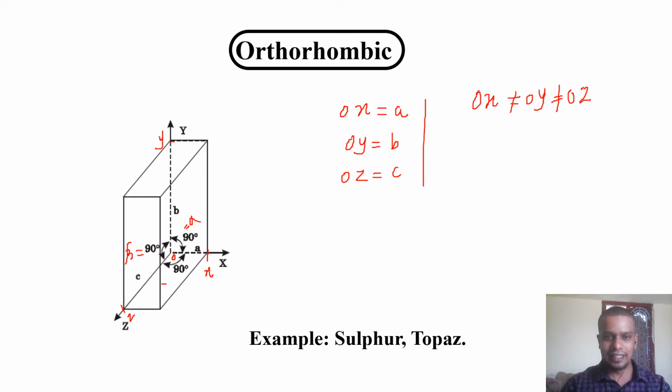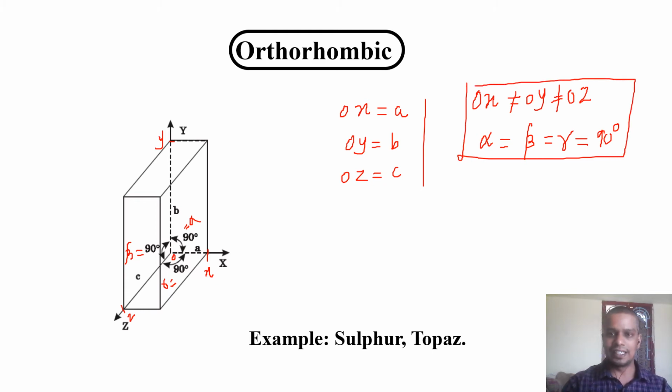Z and X, which I am defining as gamma, is also 90 degrees. Hence, the three interfacial angles alpha equals beta equals gamma are equal to 90 degrees. These are the six parameters for the orthorhombic crystal system. If any crystal system obeys this six-parameter condition, then we can call it an orthorhombic crystal system.